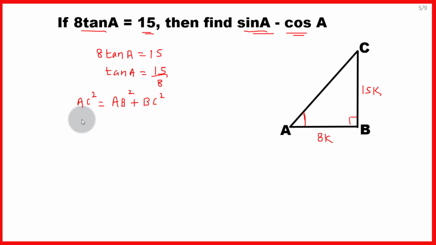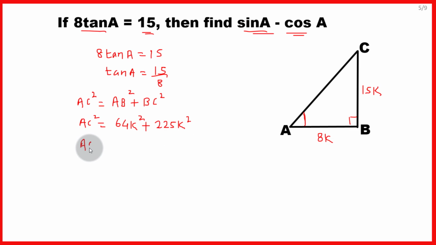And so here AC square is equal to AB square. AB we are taking as 8K, so (8K) square, that will be 64K square, plus BC square, that is (15K) square, and that is 225K square.